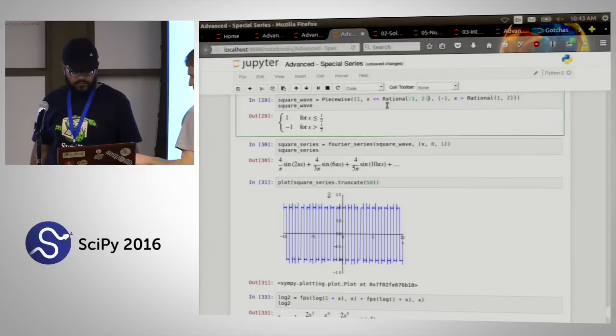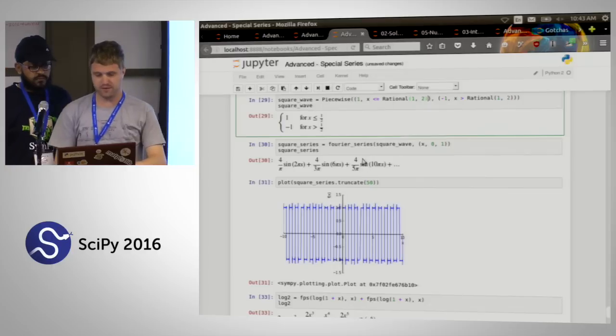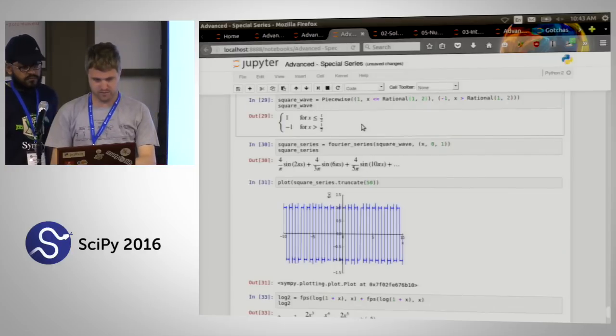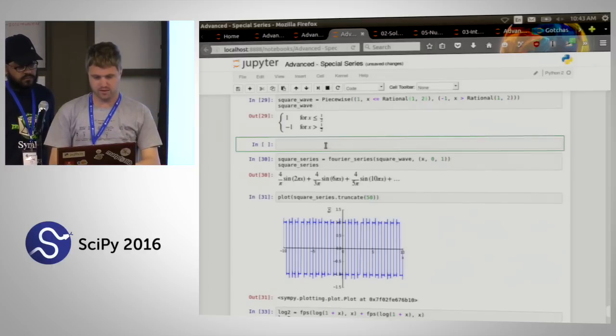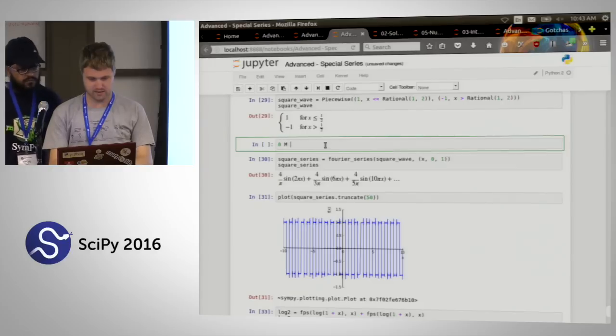There are actually a few issues if you try to do this. One thing that you can't do is write it like this. You might want to do it like this.